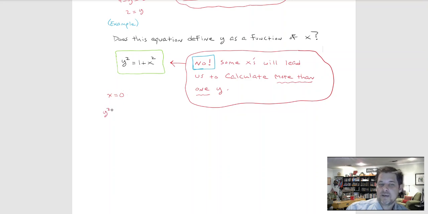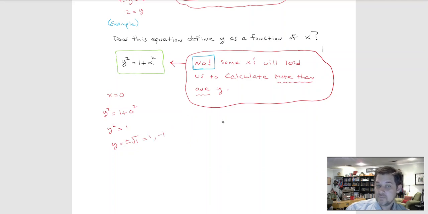So if I do that, it will look like this. y squared is 1 plus 0 squared, but 0 squared is 0, so I get y squared is equal to 1. And in algebra, if we ever solve for a square, we would take plus or minus root. Okay, so my y value, if I solve for it, is going to be not the square root of 1, but plus or minus root 1. So I'll get 1 or negative 1.